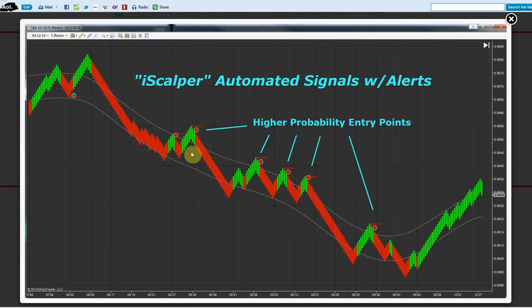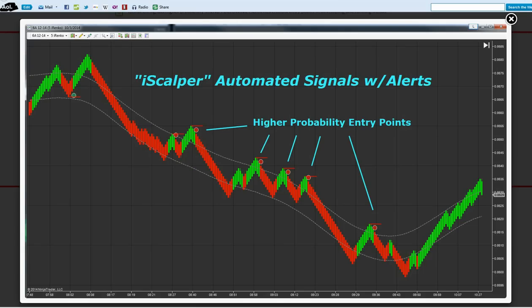It's not complicated at all. It probably sounds complicated, but as long as this bar closes around the middle or closer to the top for a short trade, it's safe to take.